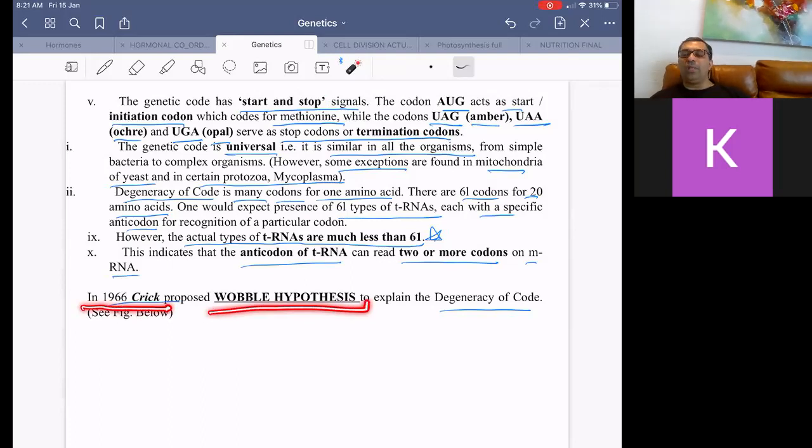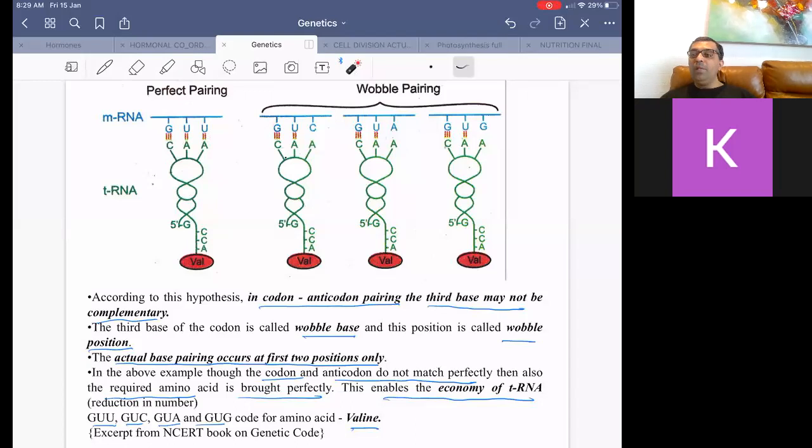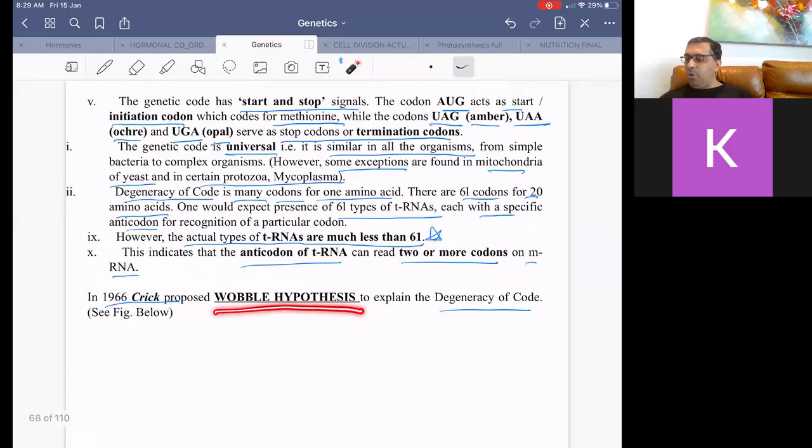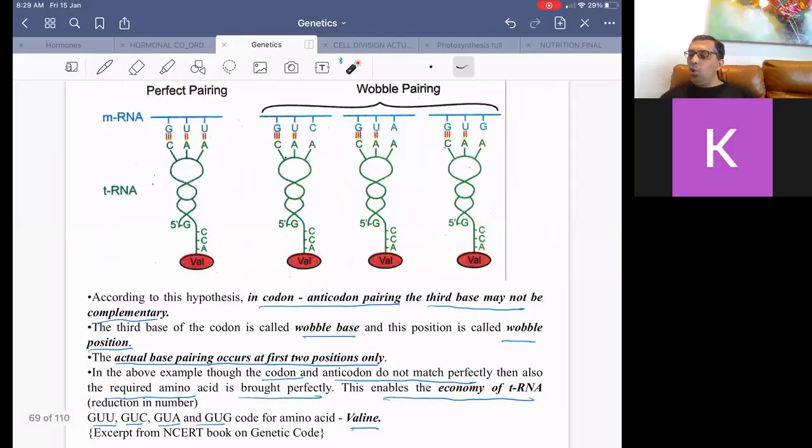Wobble Hypothesis क्या होता है? जब इसे, let's understand this. According to the Wobble Hypothesis, as proposed by Crick, what will happen? समझो translation हो रहा है, and you have GUU which comes as a codon, followed by GUC, followed by GUA, followed by GUG.